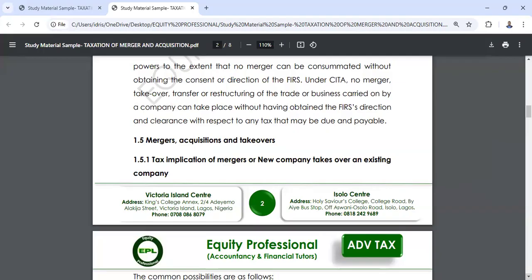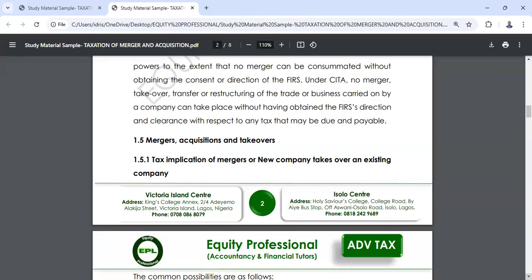You know, when A and B merge together to become AB Limited, A is an existing company, B is an existing company, but AB Limited is a new company. A and B will lose their brand. They now start a new company called AB Limited.